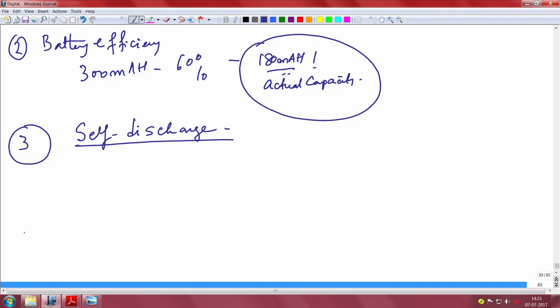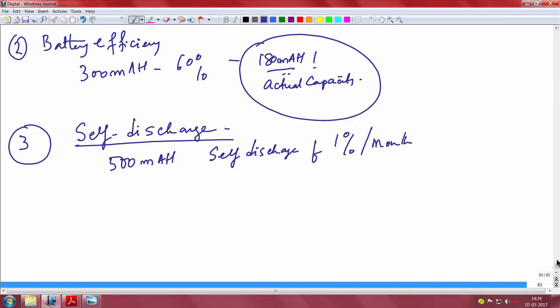Take another example. If you have a 500 milliampere hour battery with a self discharge, I keep taking examples which are varying so that you get an idea, of 1% per month. This is the self discharge of the battery. Okay.